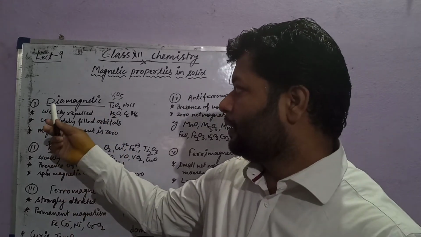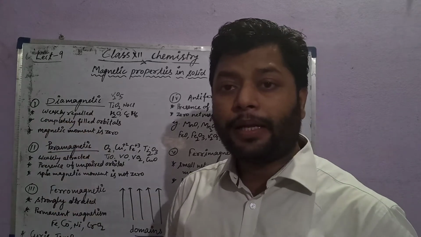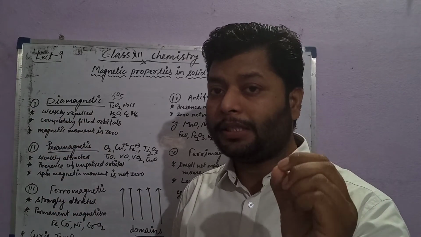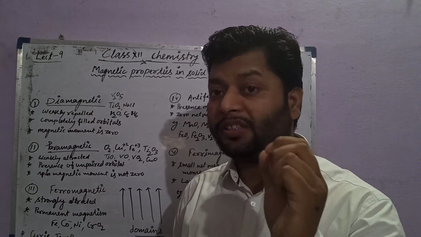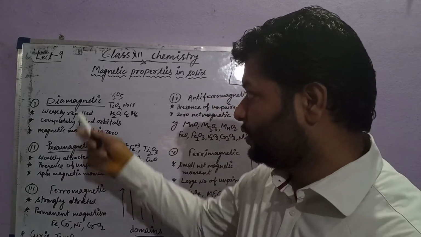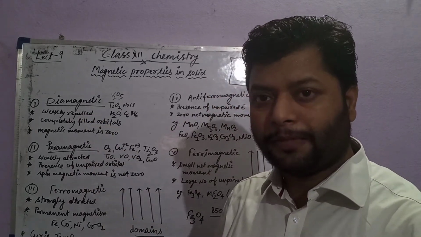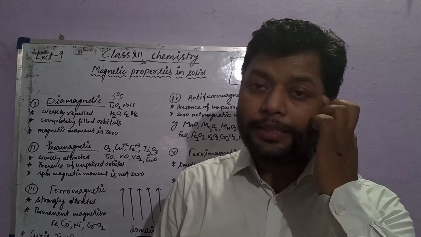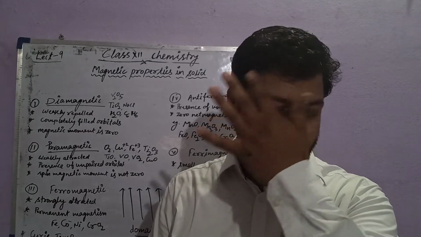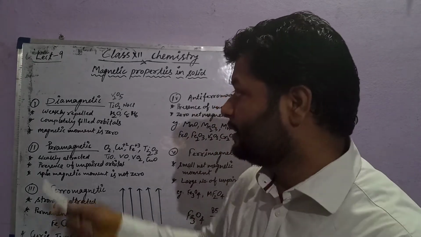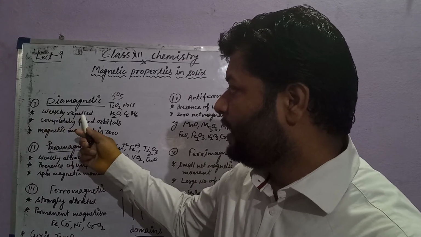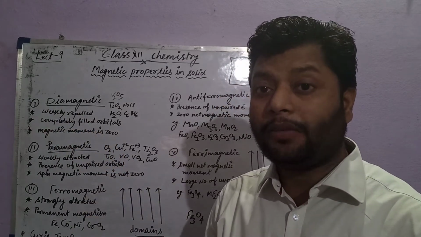If the substance has completely filled orbitals and only paired electrons, the substance is known as diamagnetic. The diamagnetic property means the substance is generally weakly repelled in a magnetic field.